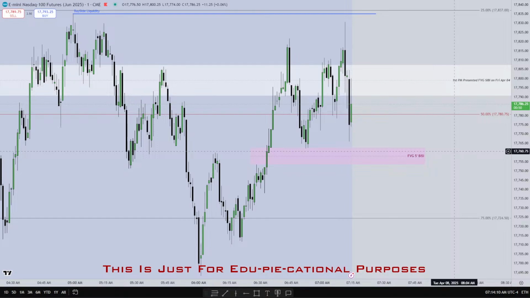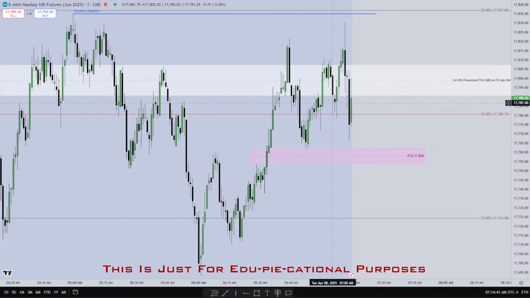Oh, you can see a move back to the 50% of the fair value gap on Friday, April 4th. Okay, this is very good. Here you can see, if you are quite risky, you can consider this as a breaker because it's going above this high and this high here. So we have a breaker here.